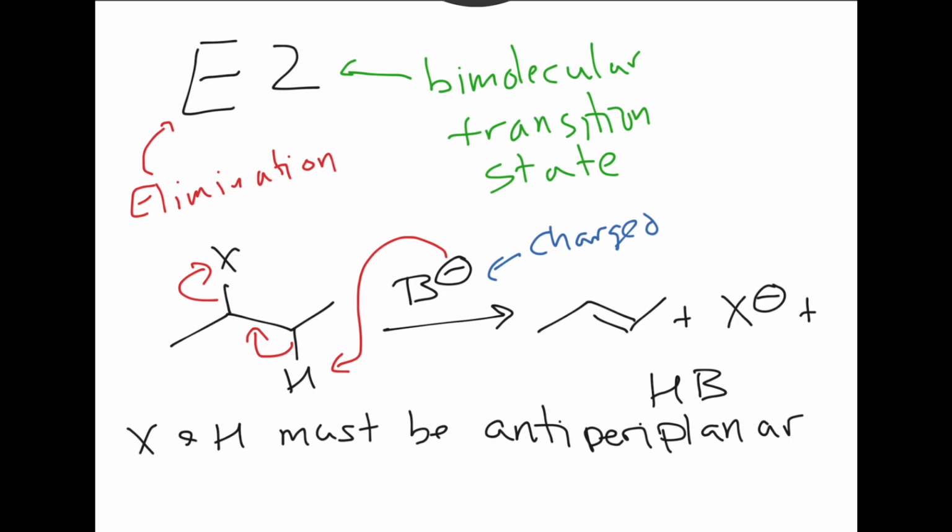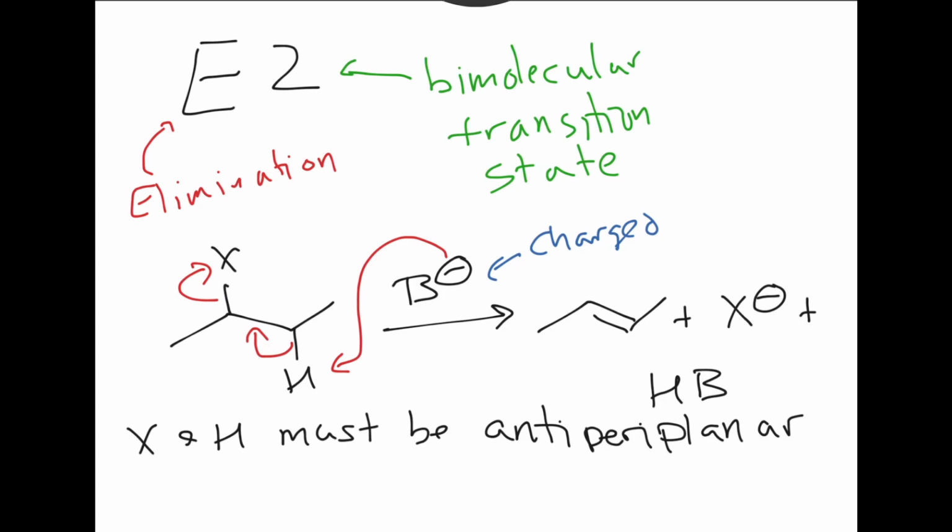Your halide and your hydrogen must be anti-periplanar. That is a whole lot of syllables for on opposite sides. Your hydrogen and the halide that's leaving have to be on opposite sides of the molecule. So in an Sn2 reaction, your nucleophile had to sneak up on your leaving group and push it off the molecule, so it had to come from behind.